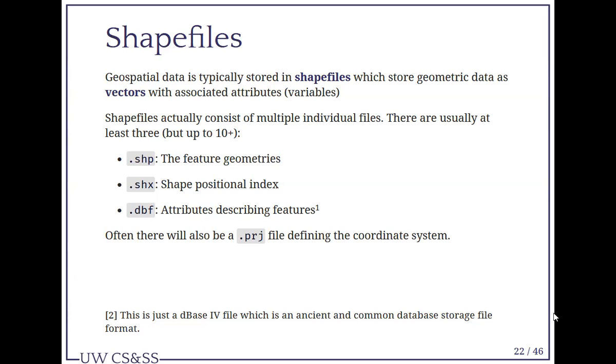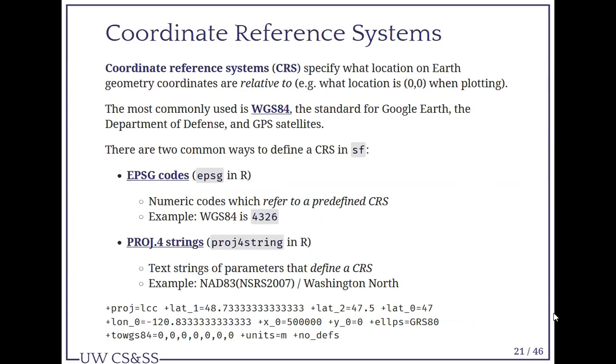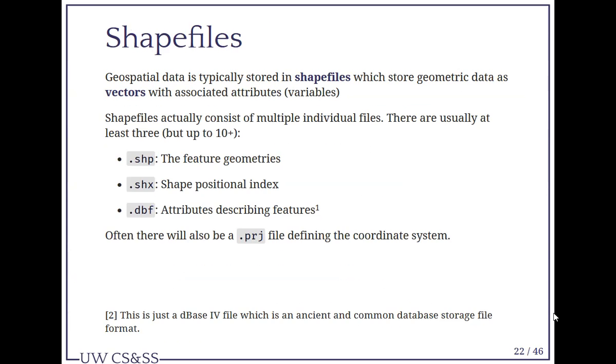Our .shx is our shape positional index, and this helps us put those lists of vectors that create the Puget Sound next to other geometries. And the .dbf holds the attributes describing features. Often there will be a .prj file defining the coordinate system for us. This is what the proj4 string is referring to.